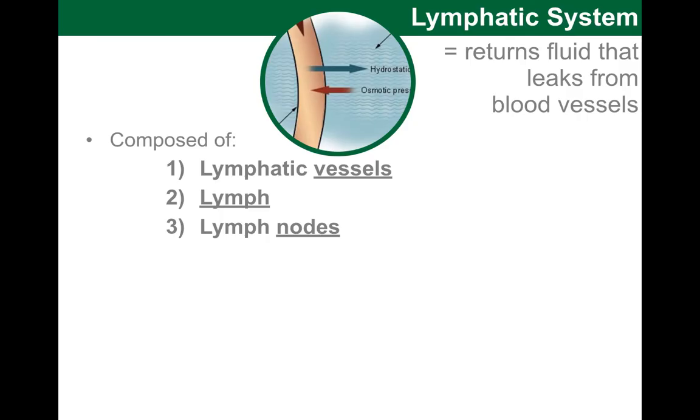So, I think that we should start by discussing what it is that the lymphatic system really aims to do. That would be a good start, right? But to understand this, we will take a step a bit further back. Remember, in our unit on the cardiovascular system, we talked about capillaries being the sites of exchange of materials.